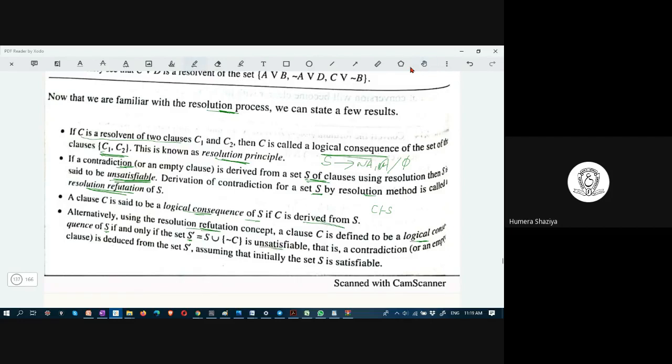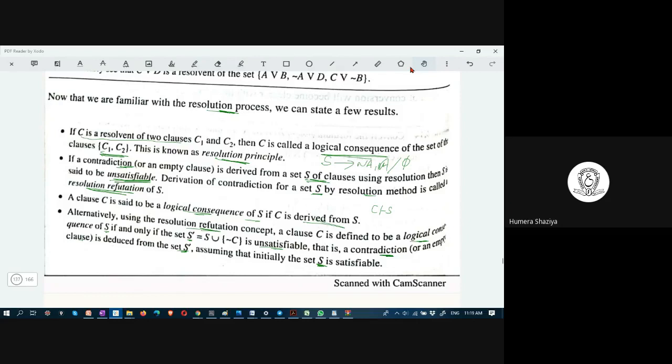When do you say it is unsatisfiable? When there is a contradiction or an empty clause derived. If it is unsatisfiable, that is, a contradiction or an empty clause is deduced from S', assuming that initially the set S is satisfiable. This point states that initially S was satisfiable.